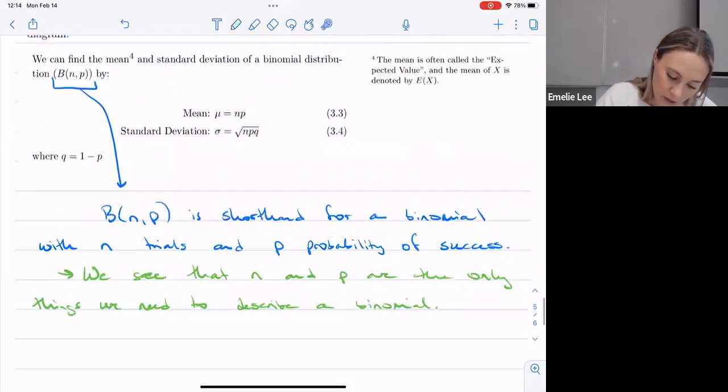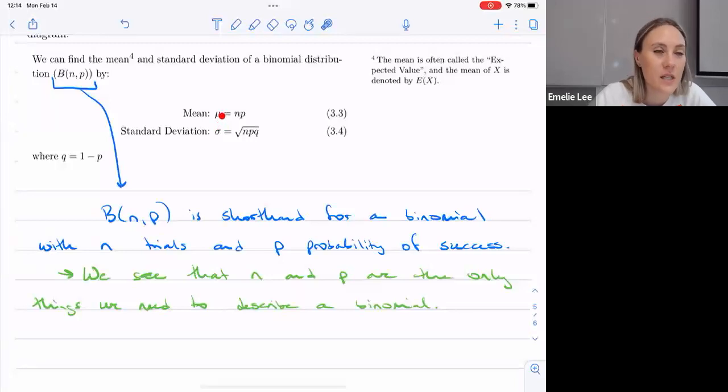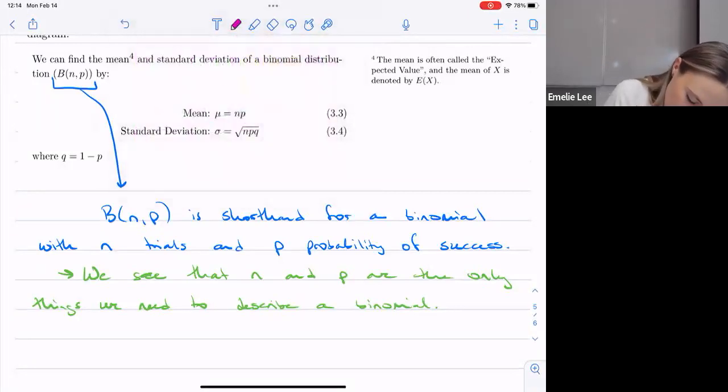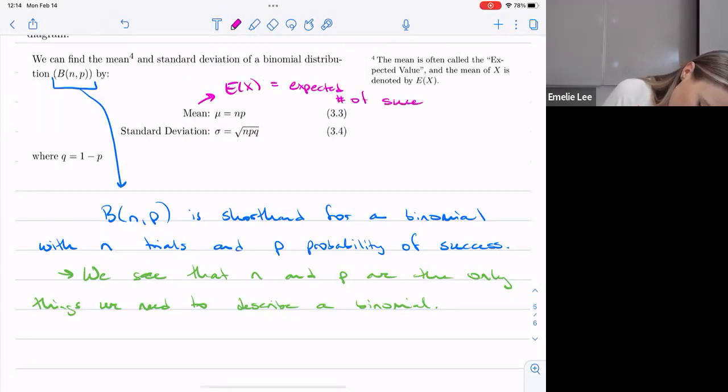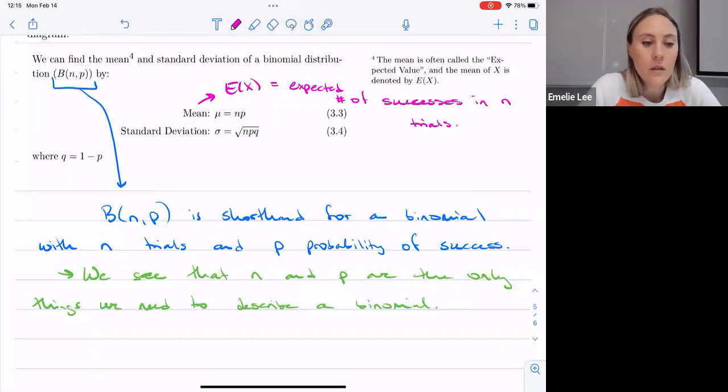And so the mean is the expected number of X, the expected number of successes. So here, this is E of X, which is the expected number of successes in N trials. And our brains already do this for us.